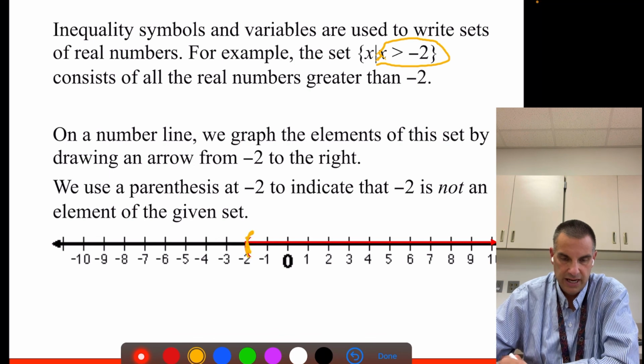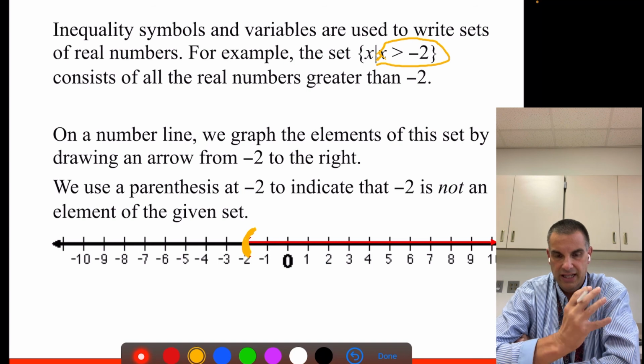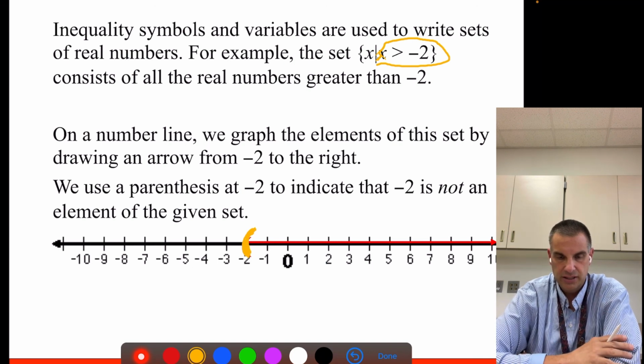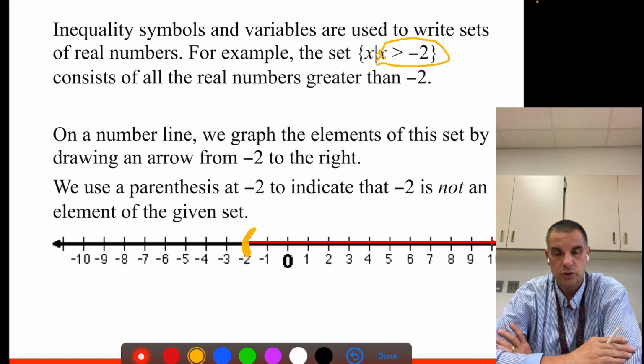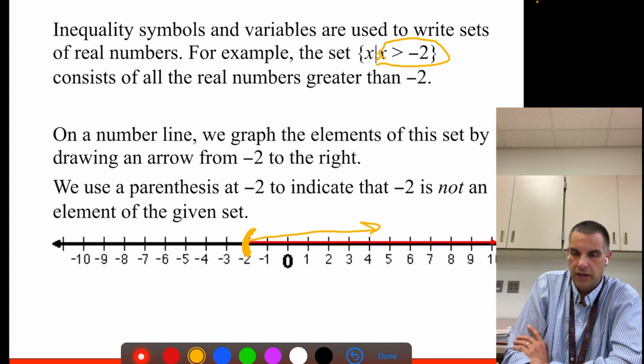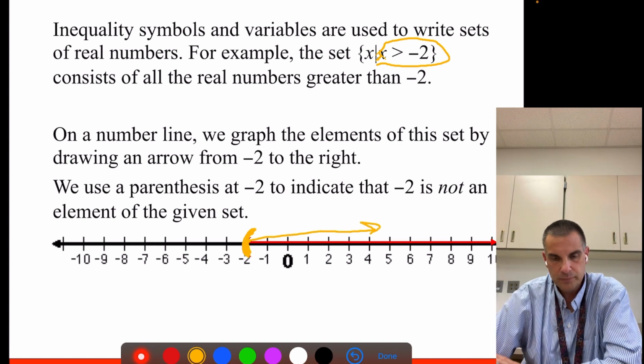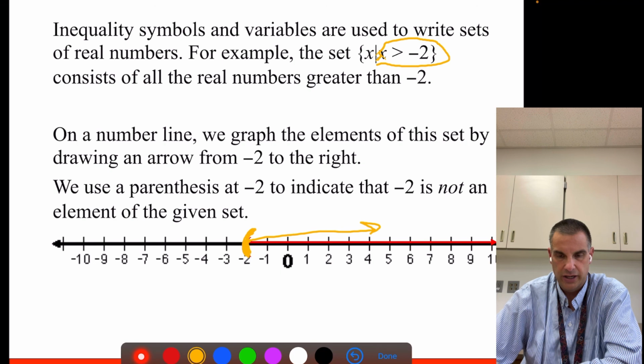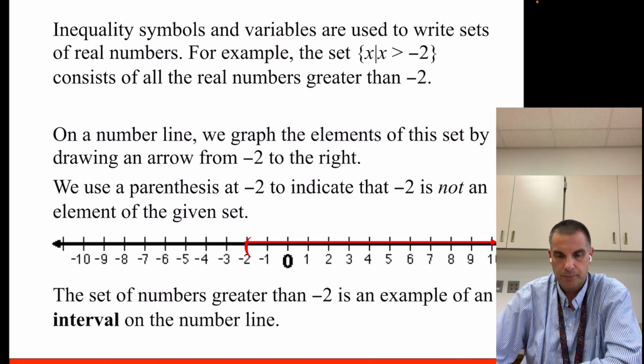You'll notice that I have a parenthesis here. If it's greater than or less than, you're going to use a parenthesis. If it's greater than or equal to or less than or equal to, you're going to use brackets. Then you're going to point your arrow in the direction you're going to go. In this case, we want all x values greater than -2. That's why it goes off to the right, because we want to show all values greater than -2.